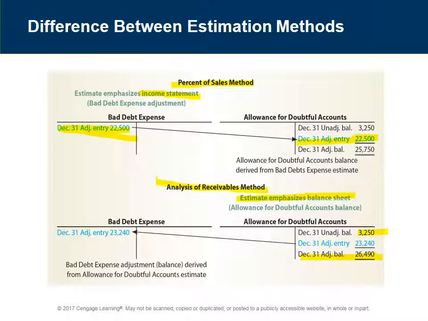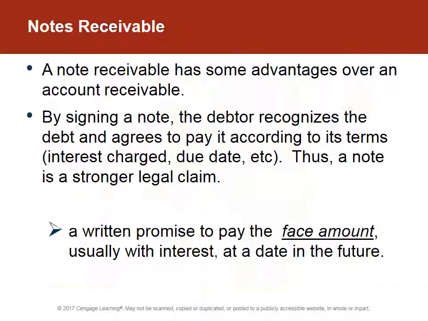And since there's already $3,250 in there, and since an analysis of the receivables shows that it should be $26,490, then we find this balance by targeting and plugging in what needs to be here to make this contra account have a specific ending balance. Again, doing homework problems, trying them without the use of your text is probably the best practice.